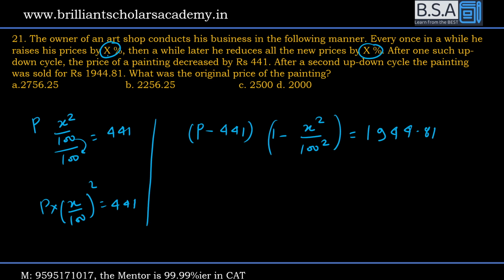Observe. This is the new price, 441 rupees less than P. And this is the amount of decrease. The question is not about the amount of decrease. The question is about total decrease. The total value now has become 1944.81. Can I say, whatever X is, equal to 1%, 2%, 3%, 10%, this number is a multiple of P?